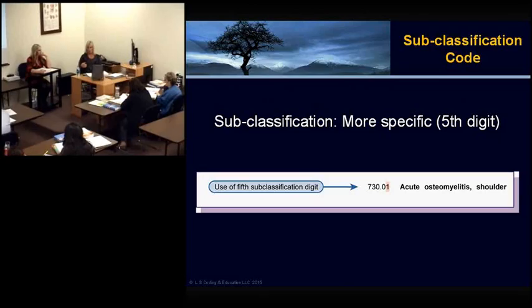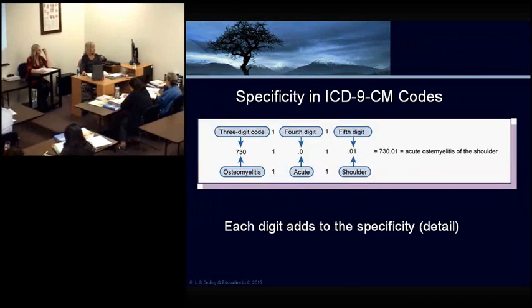Because if you submitted 730.0 to the payer, they're going to reject that claim because they want that necessary fifth digit. So that's why in my class, you don't get partial credit. If you give me 730.0, too bad, so sad, you got it wrong. You've got to give me every possible specific digit that you can.